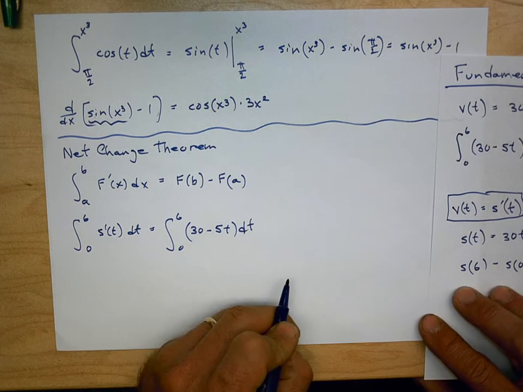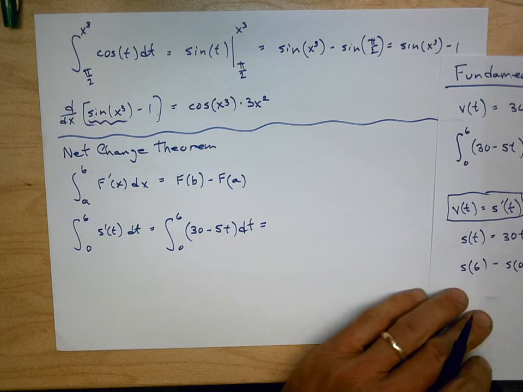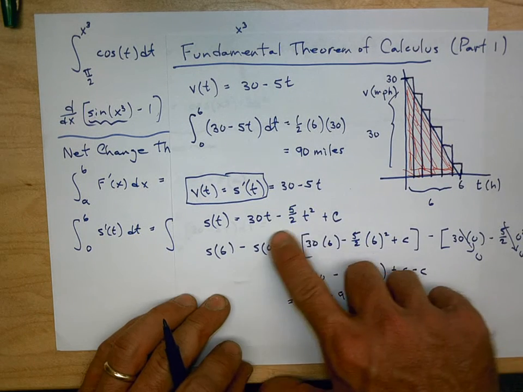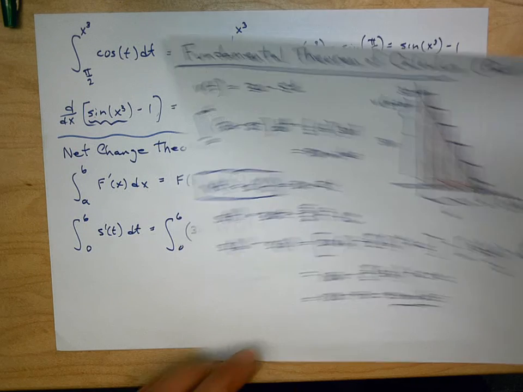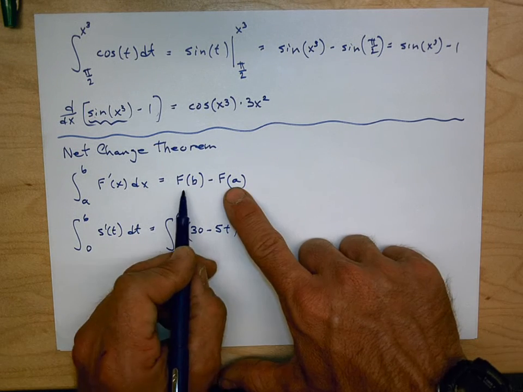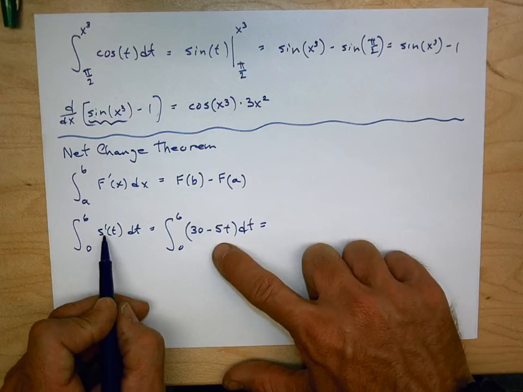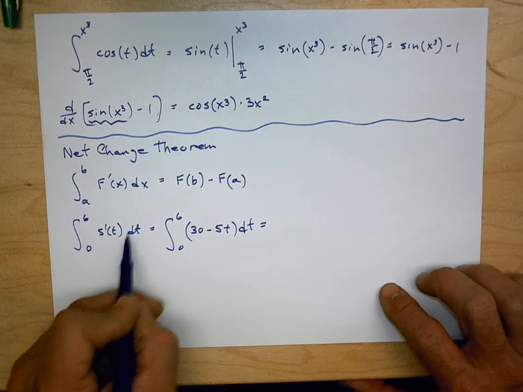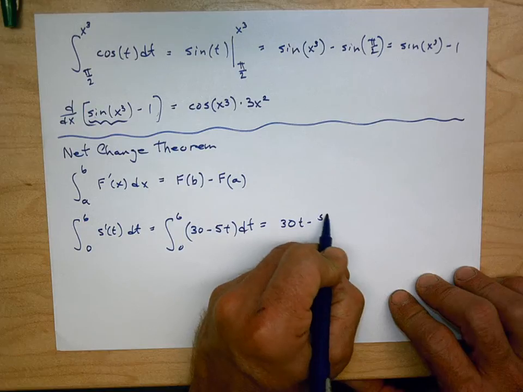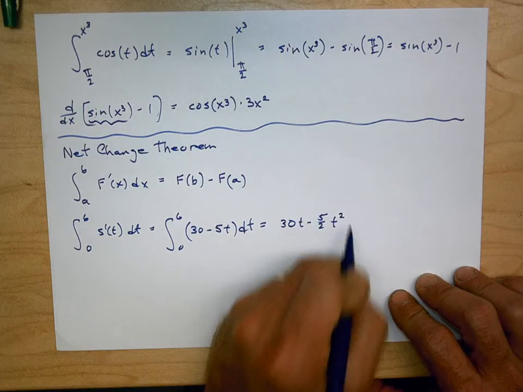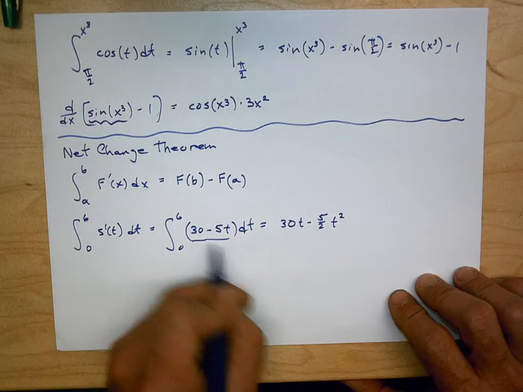Okay, and then what we did here is we just found the antiderivative and we evaluated the endpoints. So that's what the net change theorem says. We take this derivative, we get back s of t, which is 30t minus 5 halves t squared. That's the antiderivative of this function right here.